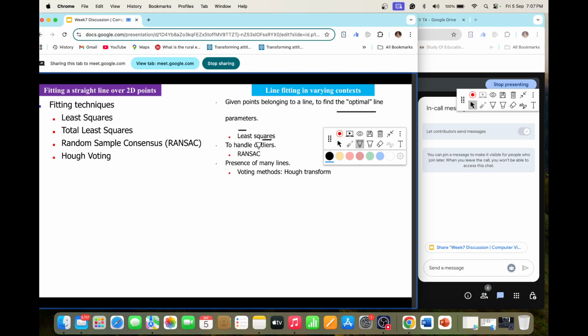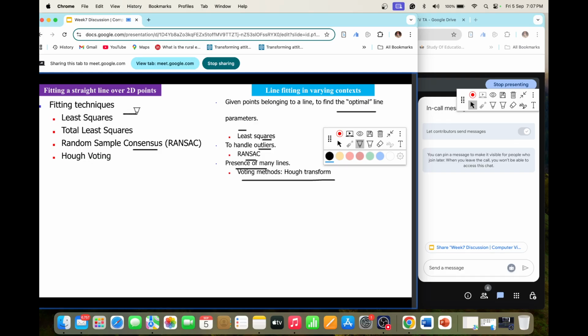To handle outliers, we go for RANSAC, or random sample consensus. And if there are many lines, then we do the Hough transform. These are the techniques by which we fit the line.